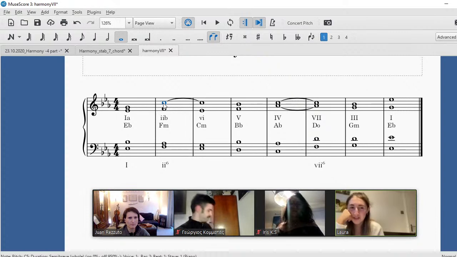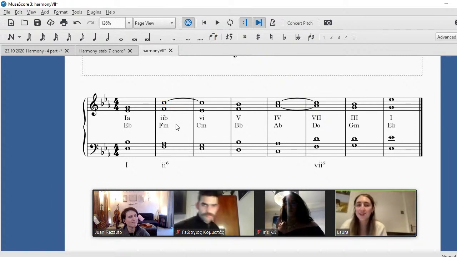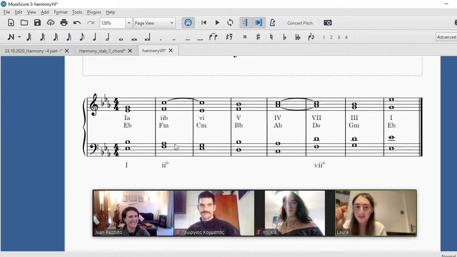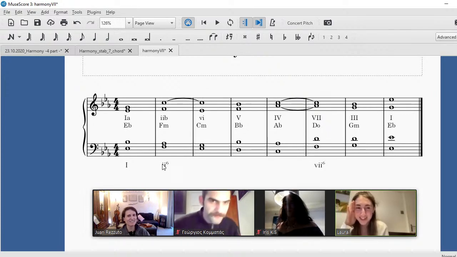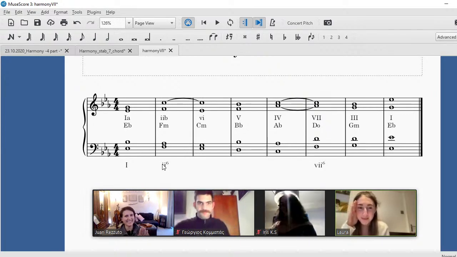But it's in second inversion. I was reading the B as if it's a first inversion. We're talking about a student that presented a lot of mistakes, so I wouldn't judge this according to what the student wrote. Just look at the notes and try to figure it out. F, A flat, F and C.